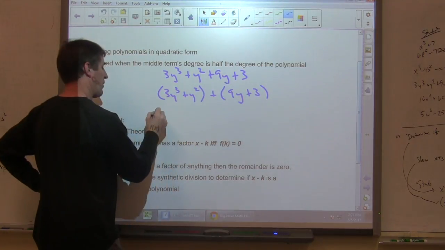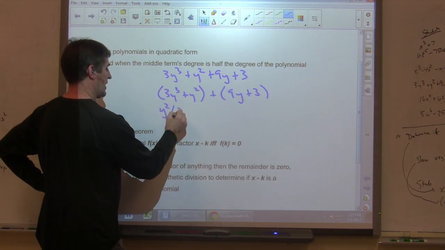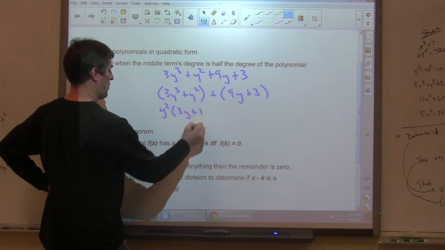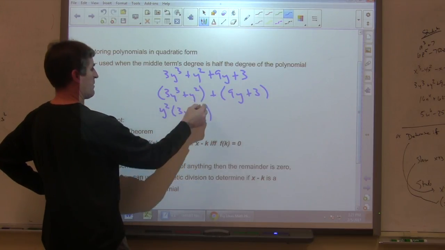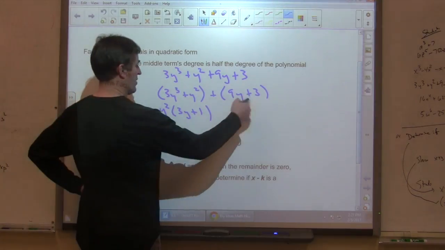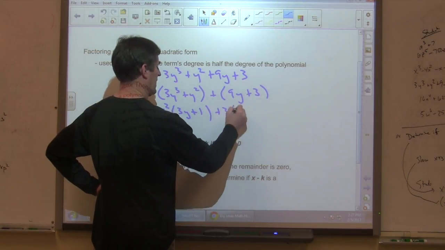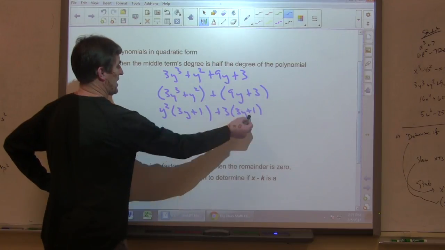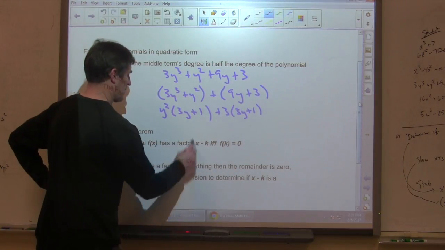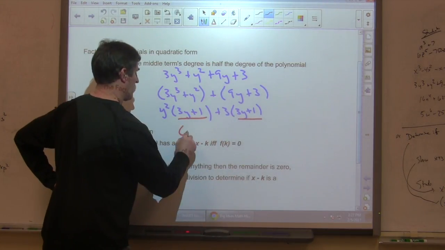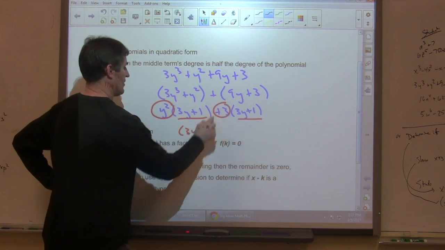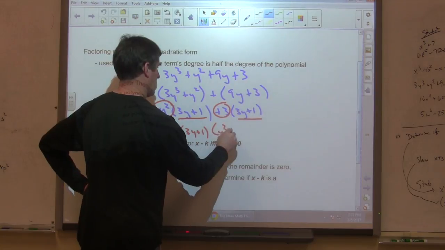I can pull out a y squared, and I get 3y plus 1. Remember, if it's the same, you still need that 1 there. Here I can pull a 3 out, and I get 3y plus 1. Again, this is the real key, that these are the same. So since they're both the same, I can pull a 3y plus 1 out. And then what's left goes inside the next one: y squared plus 3.